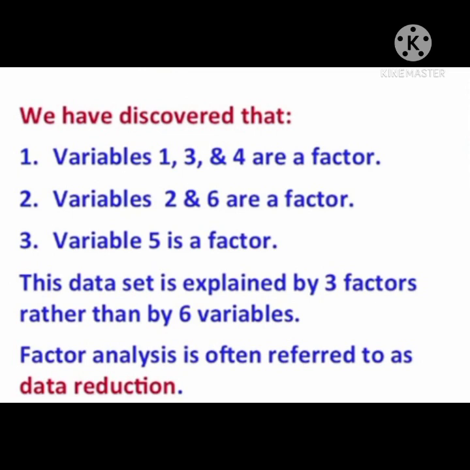So you have discovered that variables 1, 3, and 4 are a factor, variables 2 and 6 are a factor, and variable 5 is a factor. This means this dataset is explained by 3 factors rather than by 6 variables. And factor analysis is often referred to as data reduction.